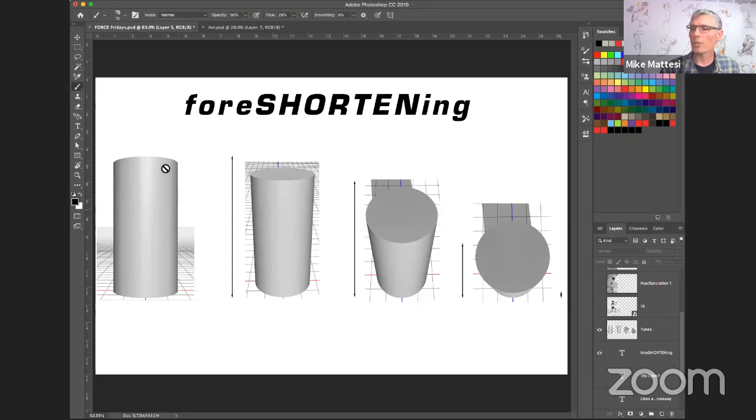So here's a three-dimensional cylinder. And you can see this arrow on the side is basically showing the height of the cylinder on its front surface, from the top edge to the bottom edge, right? And you can see how tall it is. As soon as I start manipulating the camera to foreshorten this, to change the perspective, you'll notice that that surface gets a lot shorter, right?